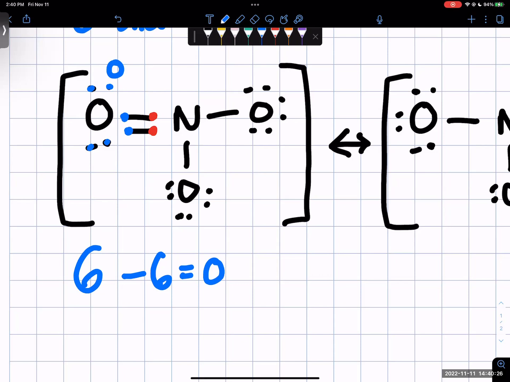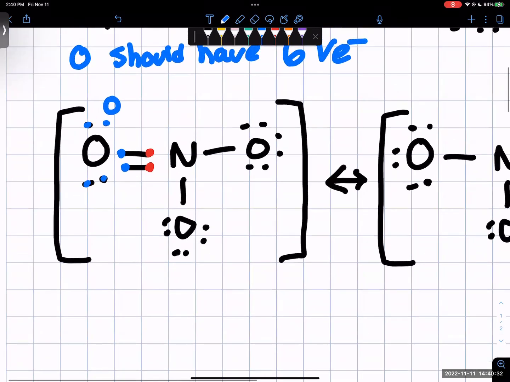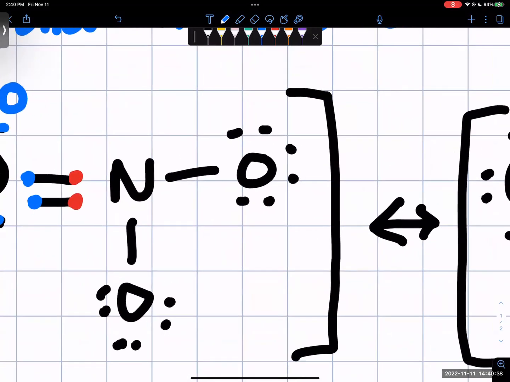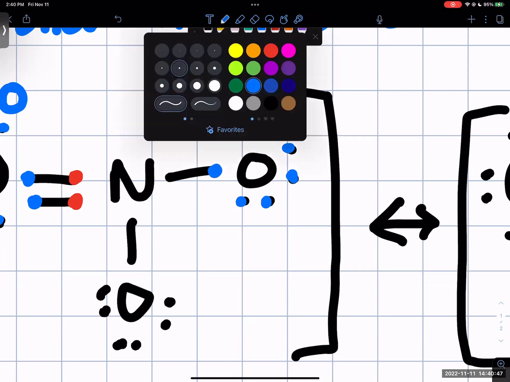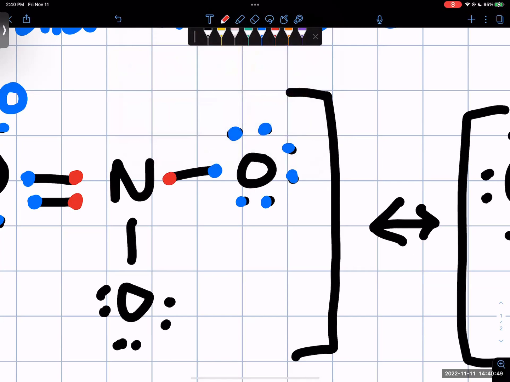All right, so how many electrons should oxygen have? It should have 6, right? That's just based on the periodic table. It's in group 6. That tells us it should have 6 valence electrons. Let's see how many it has. So it owns these 6 right here, because those are just lone pairs on the oxygen. And then it owns half of this bond, right? The other electron is being contributed from nitrogen.